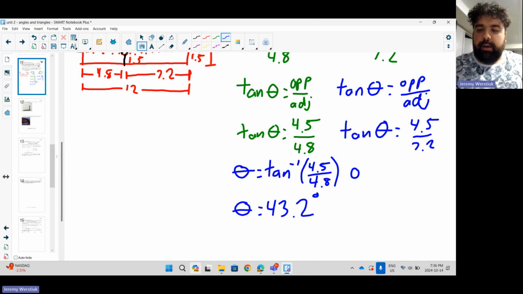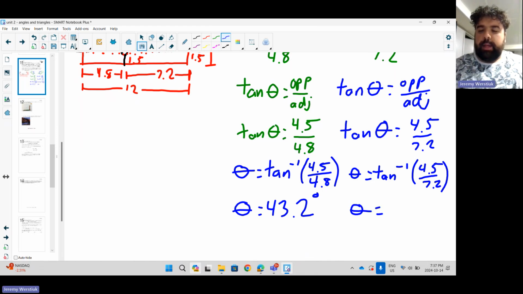Just to get theta all by itself, I need to use inverse tan, or tan to the minus 1 of 4.5 over 7.2. And if I do that in my calculator, I will get the answer. So let's go ahead and do that. And that gives me about 32 degrees spot on.